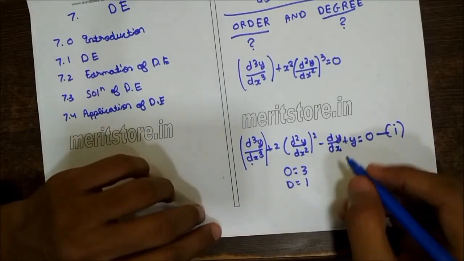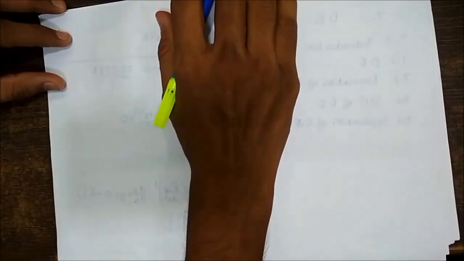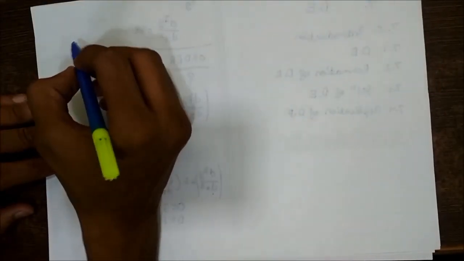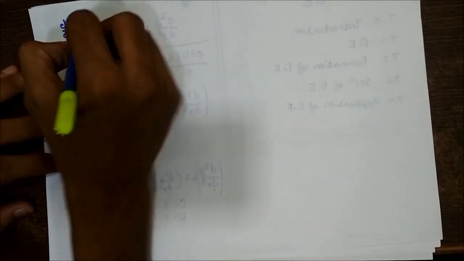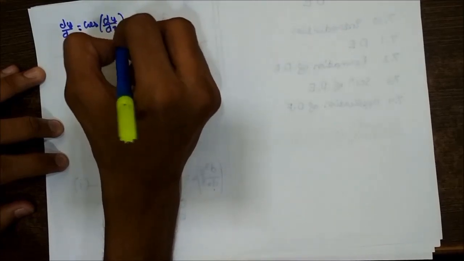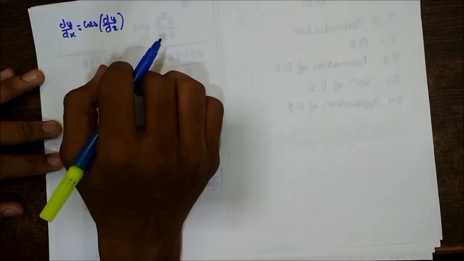Also, in this example, if we take the following, dy by dx is equal to cos of dy by dx, then this differential equation cannot be expressed as a polynomial in terms of dy by dx.